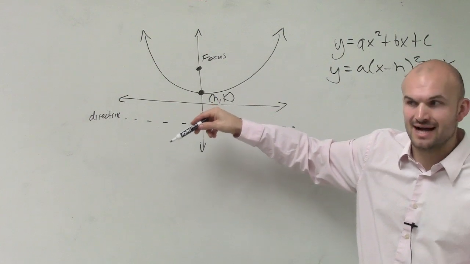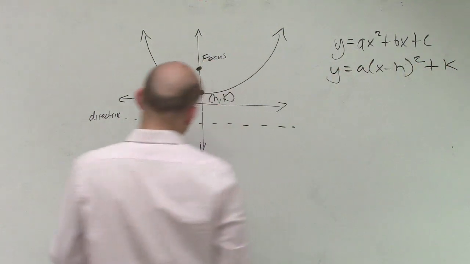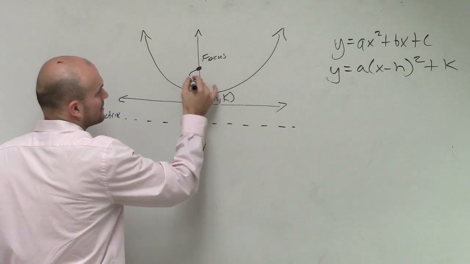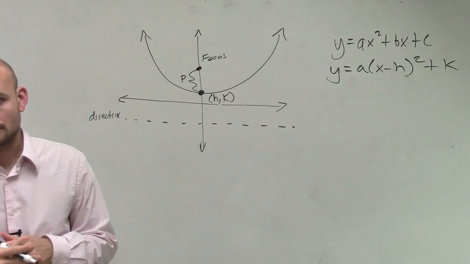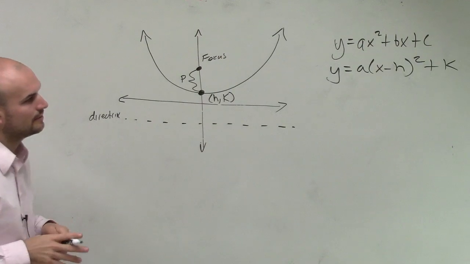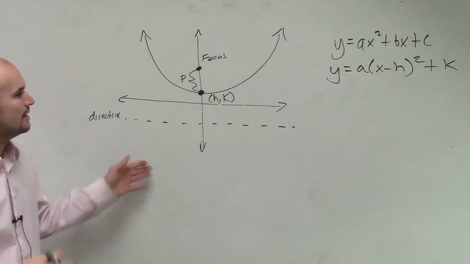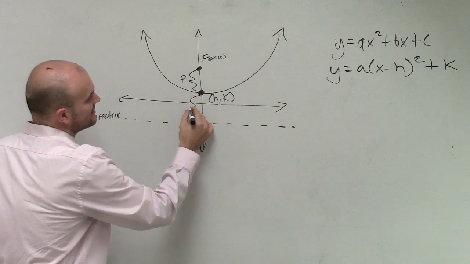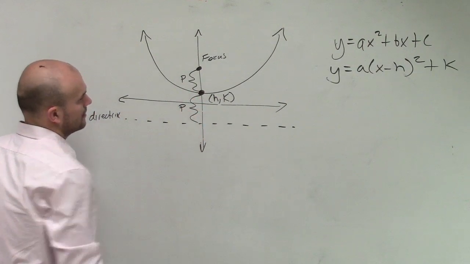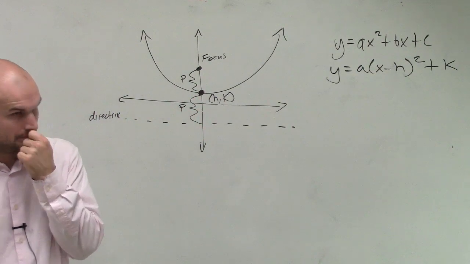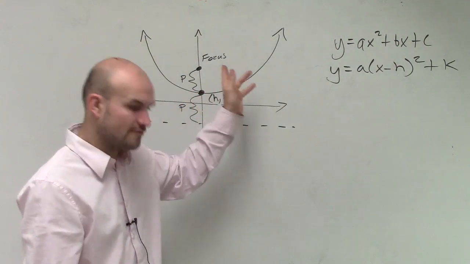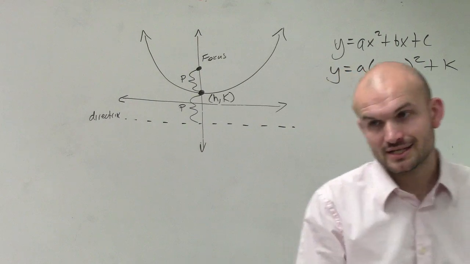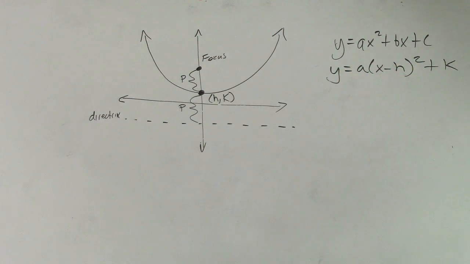So what we're going to call this distance is p. And therefore, this distance is also going to be p. That is the distance from the vertex to the focus, or your vertex to your directrix.